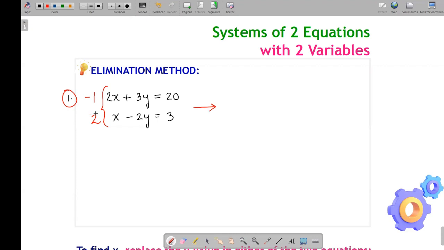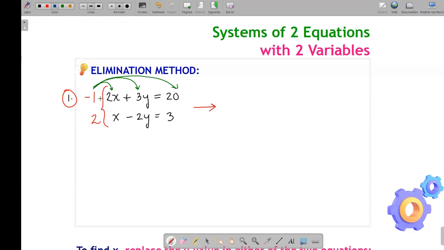As we have two numbers outside the brace, we have to multiply each number by each term of the equation. Why? Because the braces are another type of parentheses, and remember that in algebra, all parentheses mean multiplication. So we have to multiply this -1 by each term of our first equation.